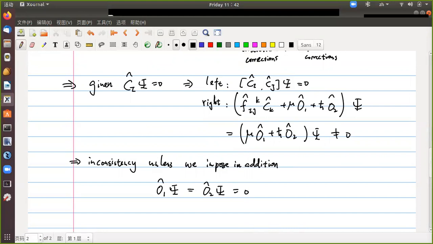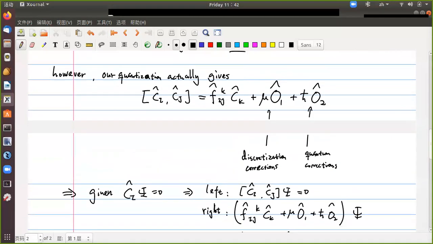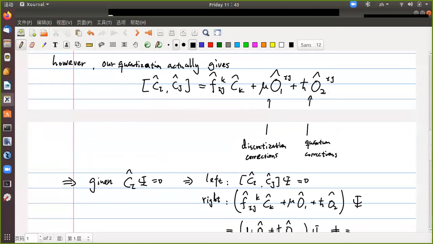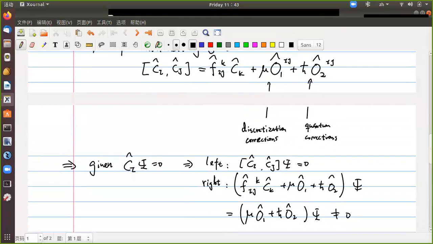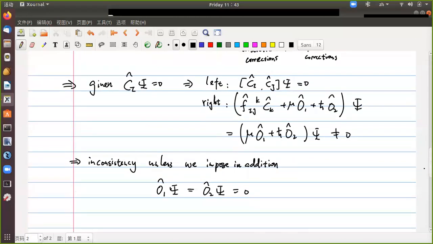This is actually not only two equations, but 2 times infinity equations, because here there is an index ij, which I just skipped. Therefore O1 and O2 are 2 times infinity operators, so you get another set of infinite constraints.